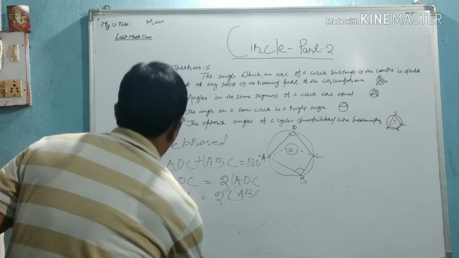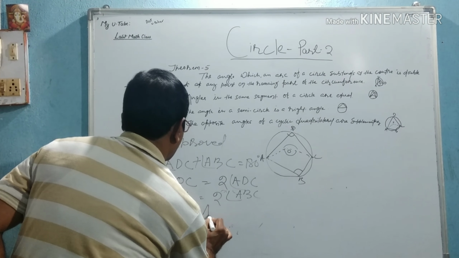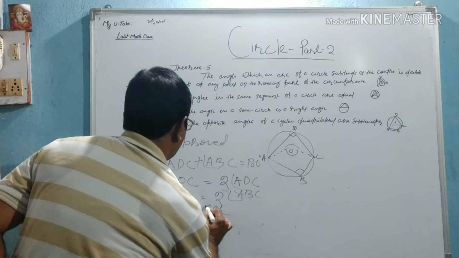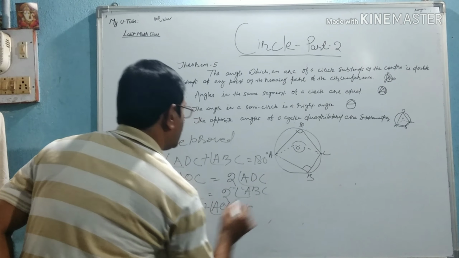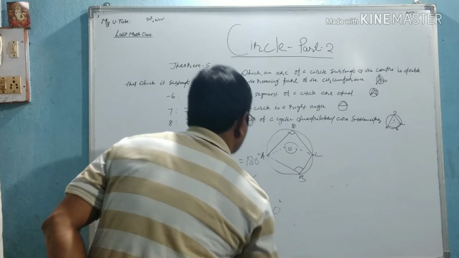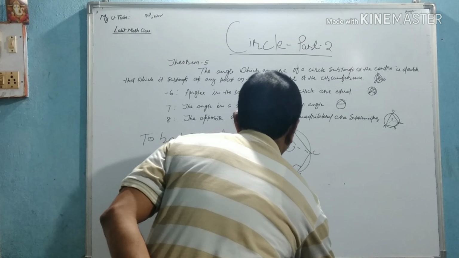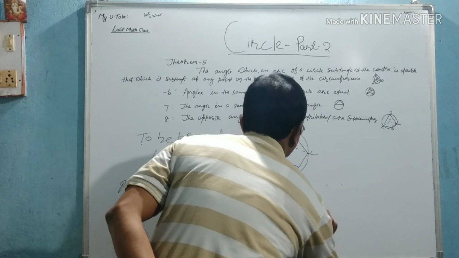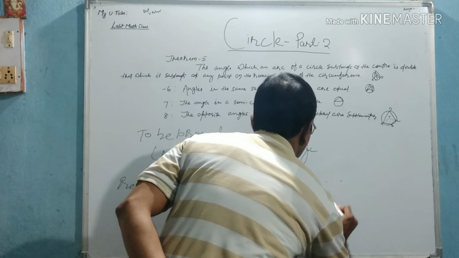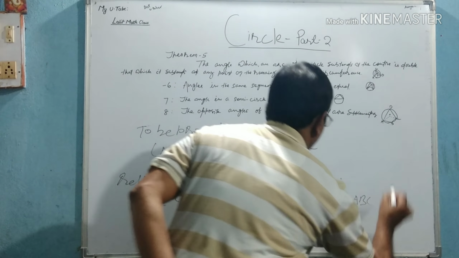And if we add them, AOC plus AOC reflex equals 360, because that is the total full circle. So that is 360, which equals 2ADC plus 2ABC.